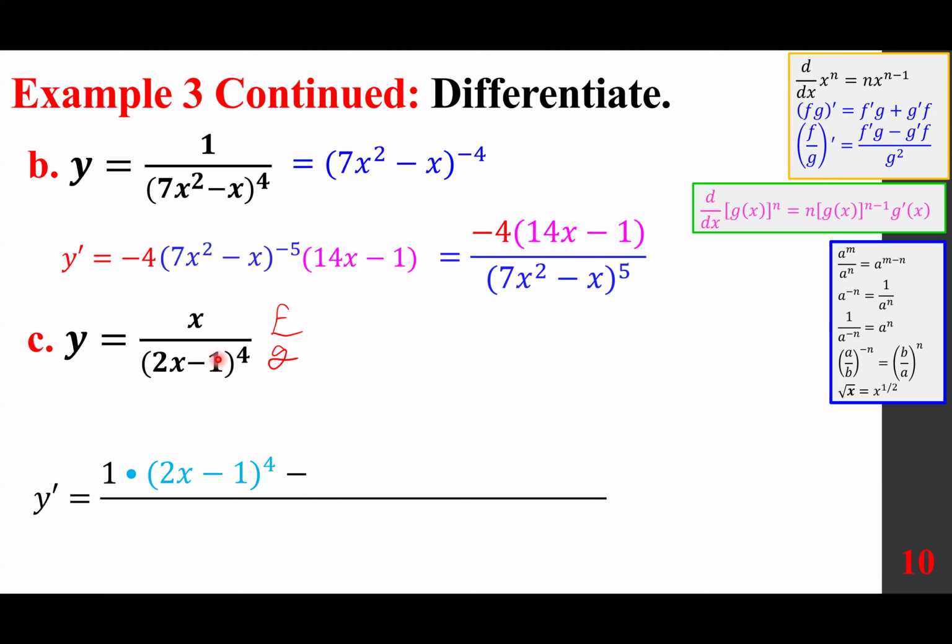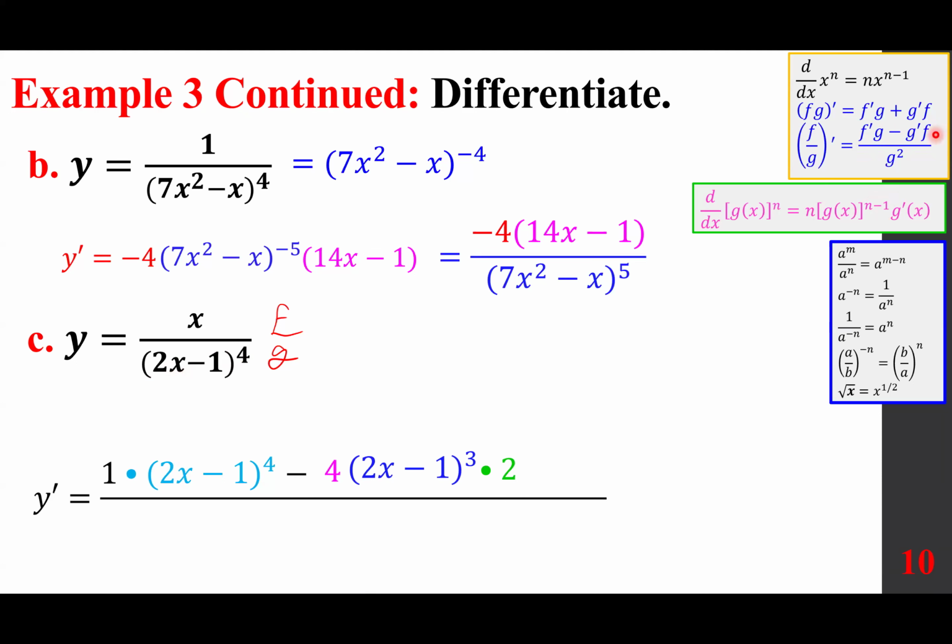So the derivative of this requires the extended power rule: 4 times g of x to the power of n minus 1, 2x minus 1 to the power of 4 minus 1, which makes it 3. And then the derivative of the inside, 2x minus 1, is 2.